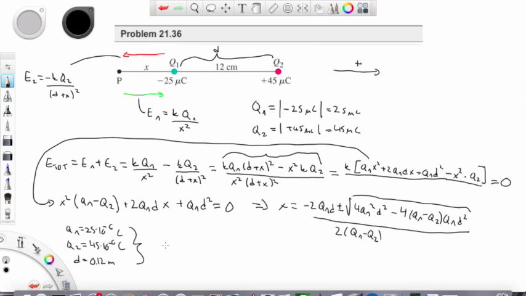So when we plug these numbers in, we get two solutions. x is either minus 0.05 meters or 0.35 meters. We defined our x to be positive, so this one is no good. So our answer is x is 35 centimeters. And at that point, these two fields exactly cancel each other.